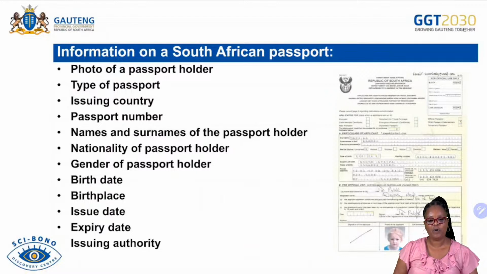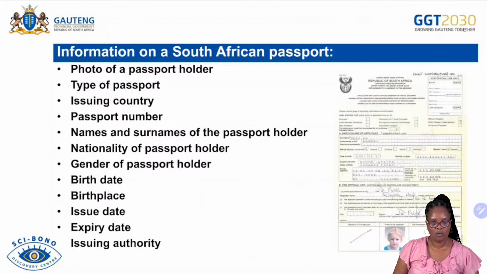Then they will give you a passport number, unique to you only. Nobody else will have this number. It will be only your passport number. Then there will be your names and surname, also the nationality and the gender.